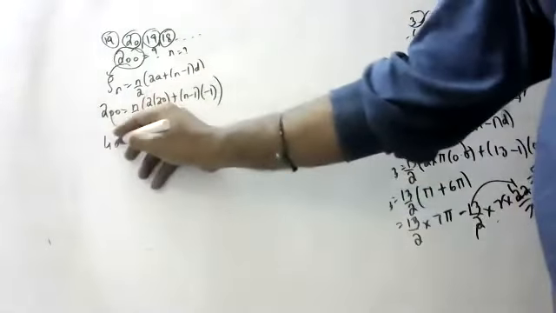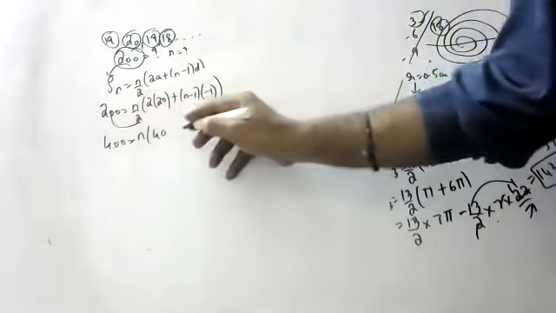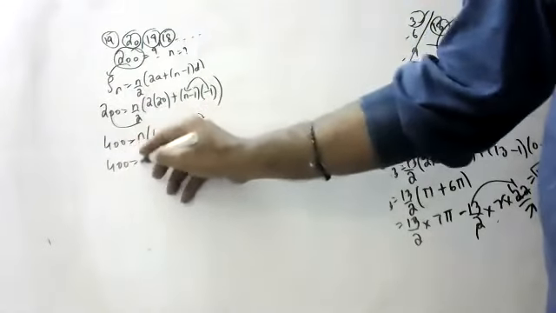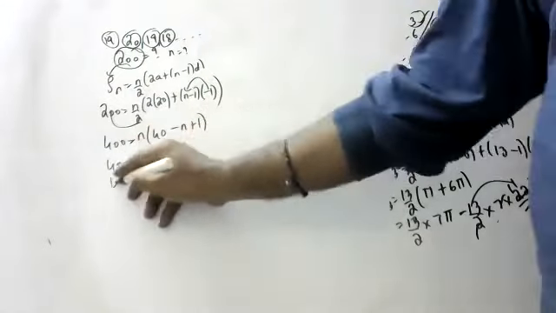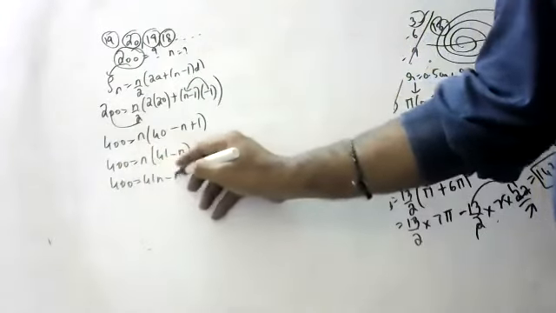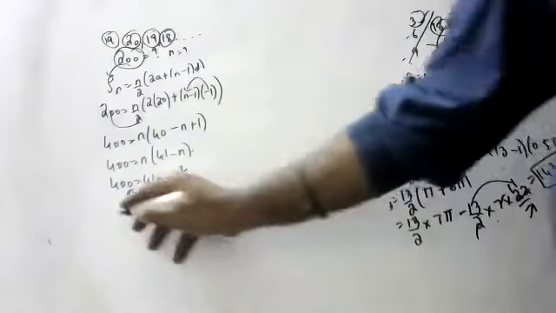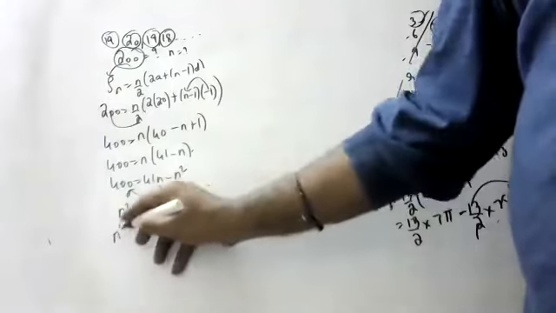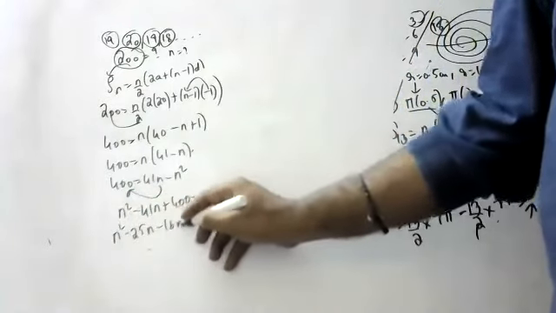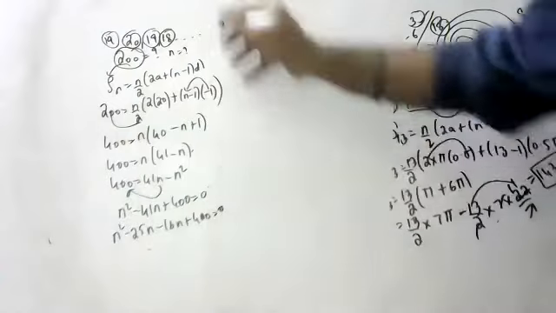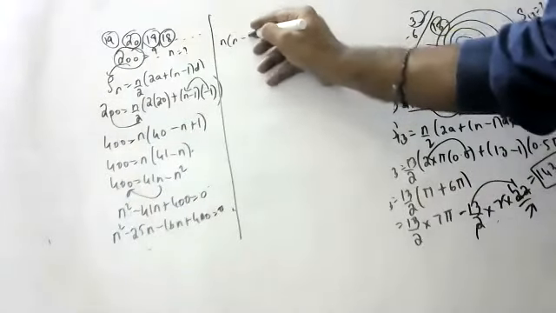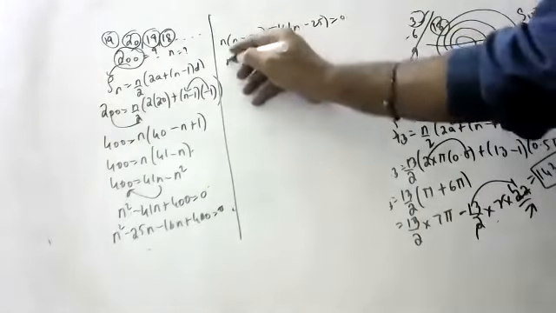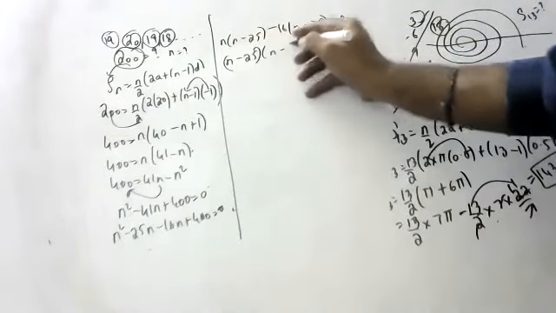That becomes 400 equals n into 40 minus n plus 1, which gives n square minus 41n plus 400. So n square minus 25n minus 16n plus 400, that is n into n minus 25 minus 16 into n minus 25. So n is equal to 16 or 25.